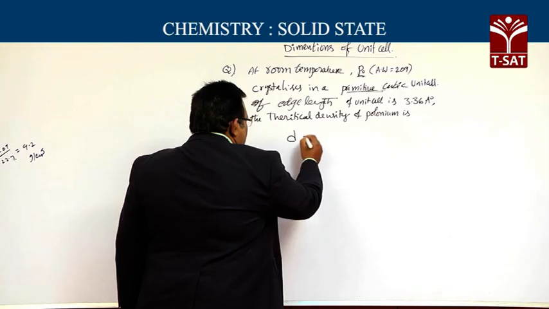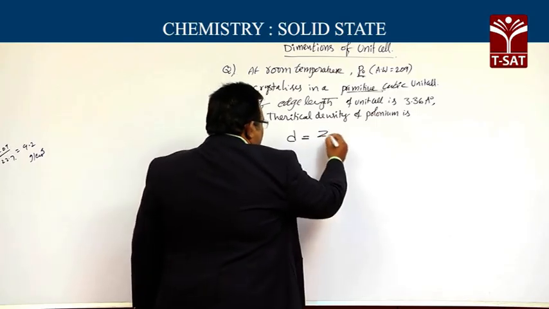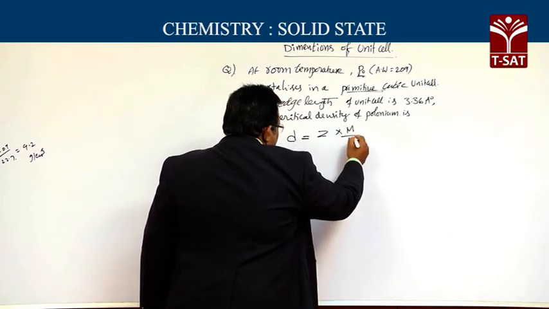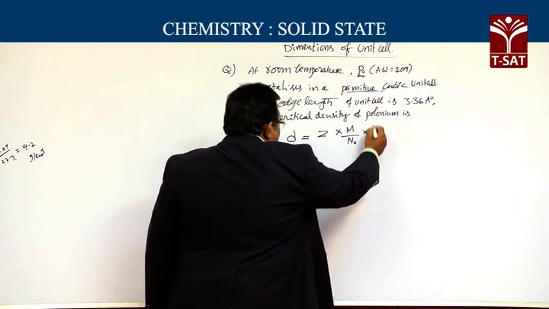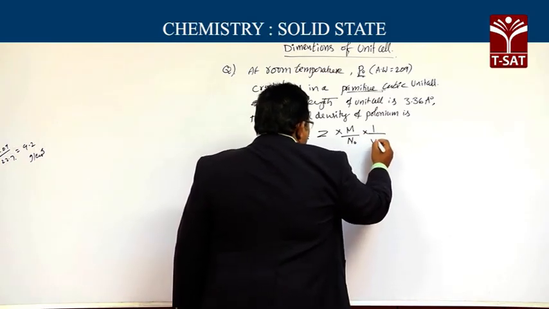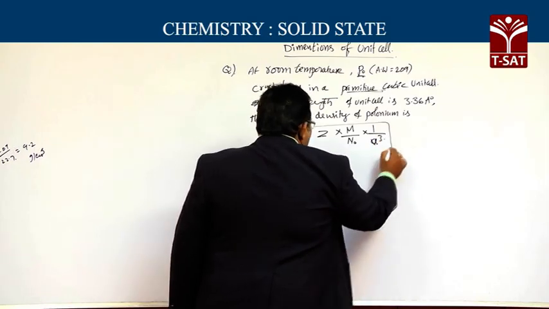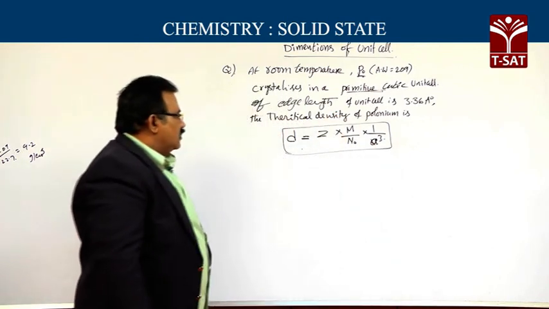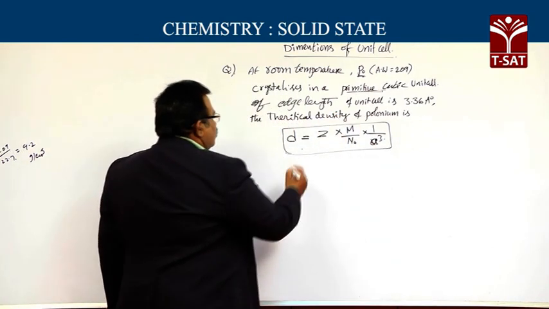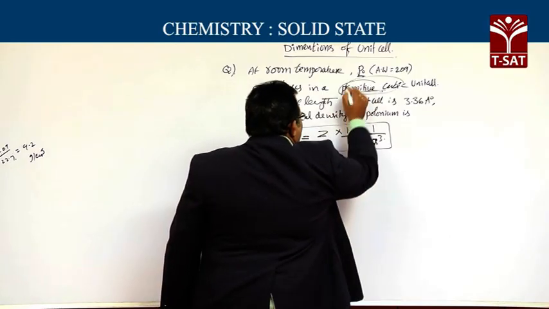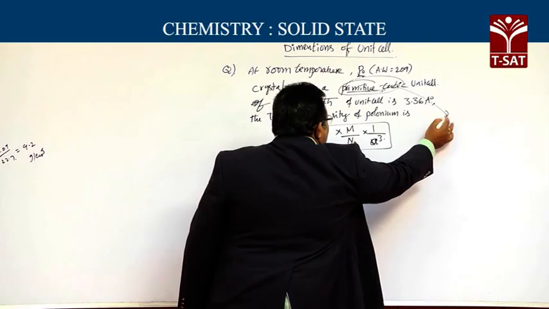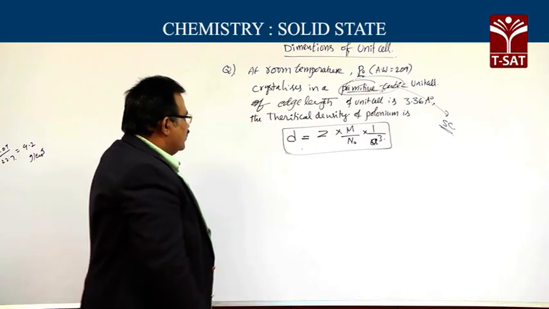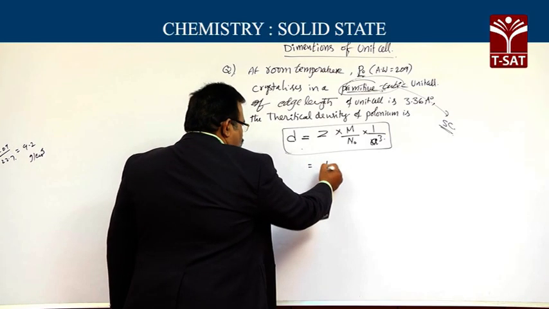So, density of the unit cell is nothing but number of atoms and mass of each atom by volume of the unit cell, that is a cube. This is the formula used to calculate the density of the crystal. Here, primitive cubic is nothing but simple cubic. For simple cubic, number of atoms per unit cell is 1.